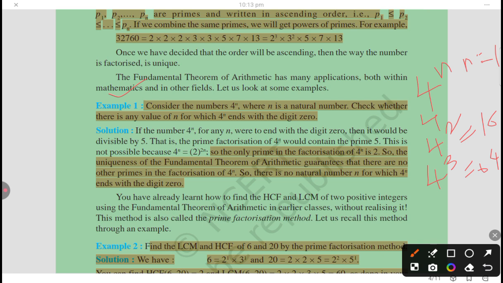So this is a repeating pattern. When n is 1, the digit at the ones place is 4. When n is 2, it ends with 6. When n is 3, it ends with 4 again. So you can see these repeat. 4 power 4 means again 6.